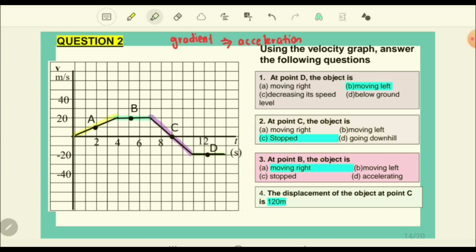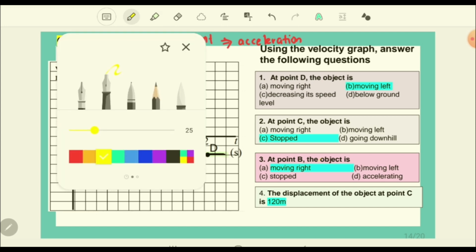So we have A, B, C, D. At point D, the object is... look at point A first. Now let's discuss point A first. I want to write point A.